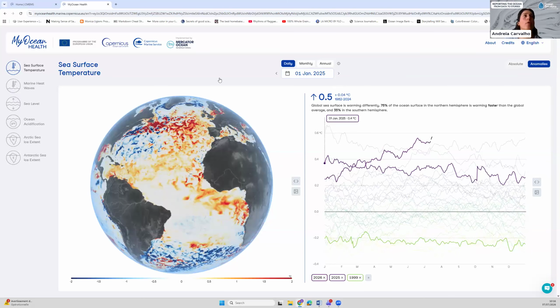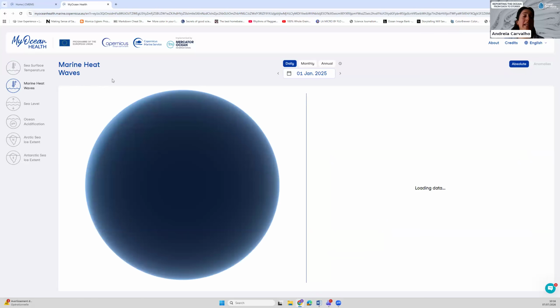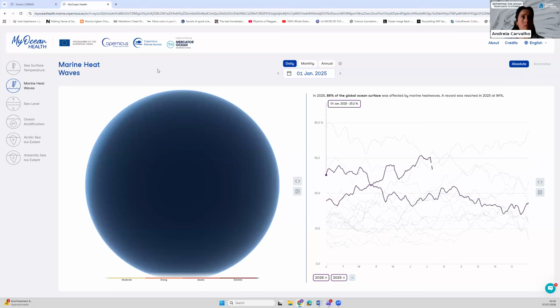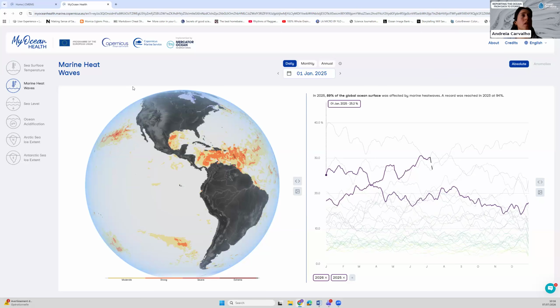So you can also explore all the other variables. I won't be able to take you through each of them. But if we take a look at marine heat waves, this is also another very crucial ocean variable.